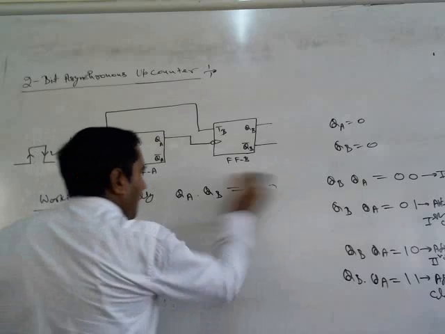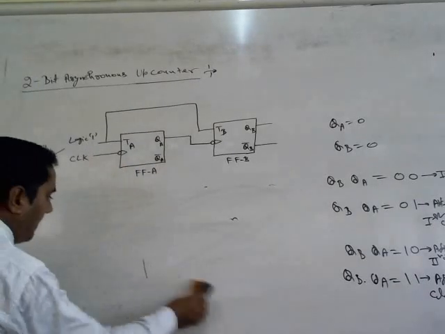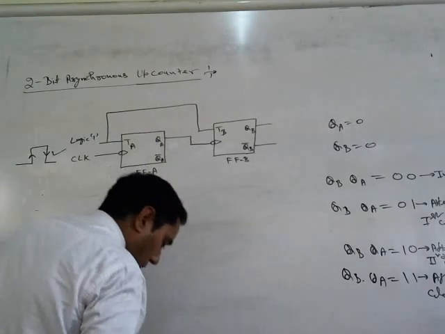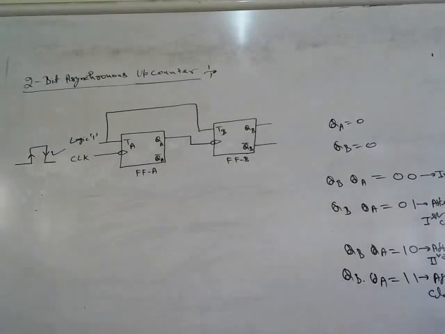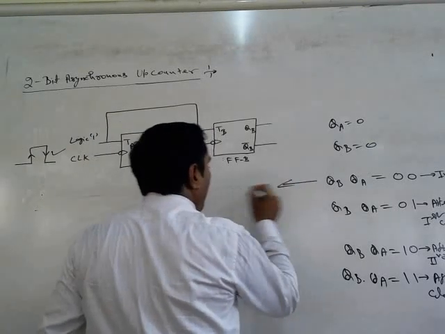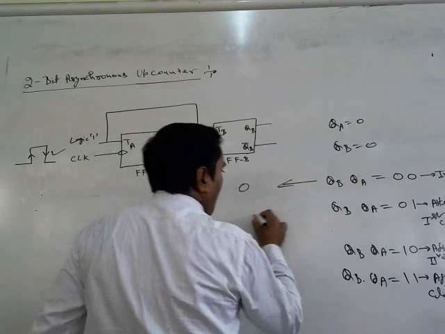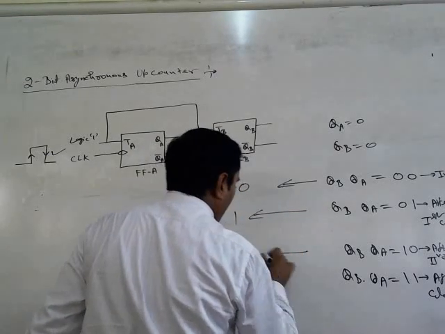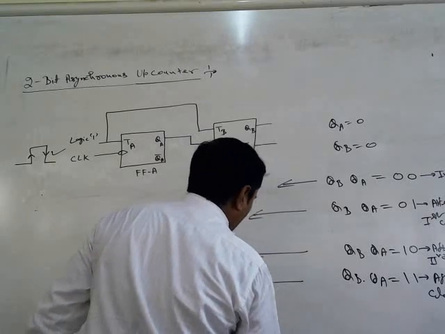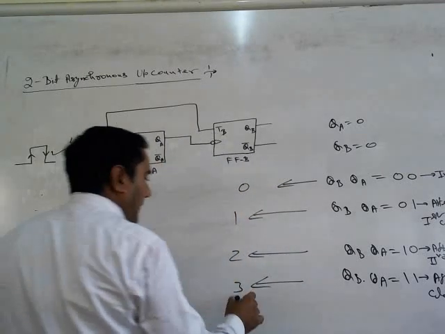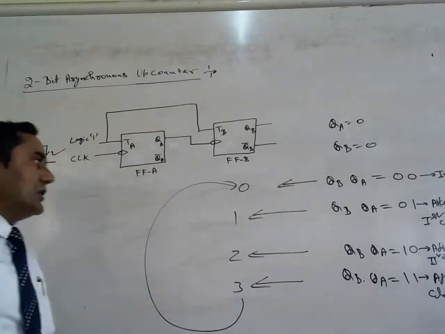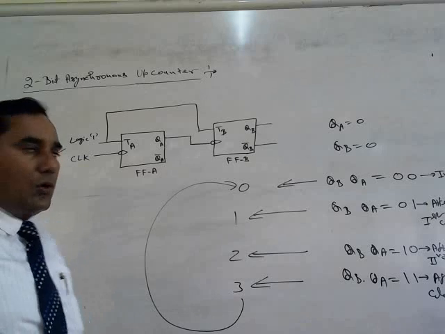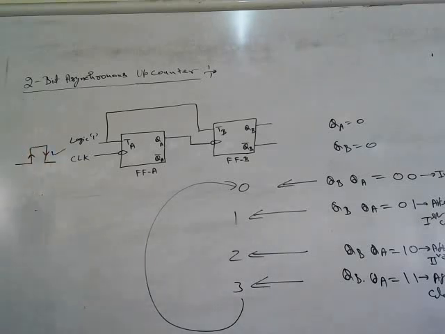We count 0, 1, 2, 3, and after the fourth clock pulse, the counter again jumps to the initial state, that is 0.